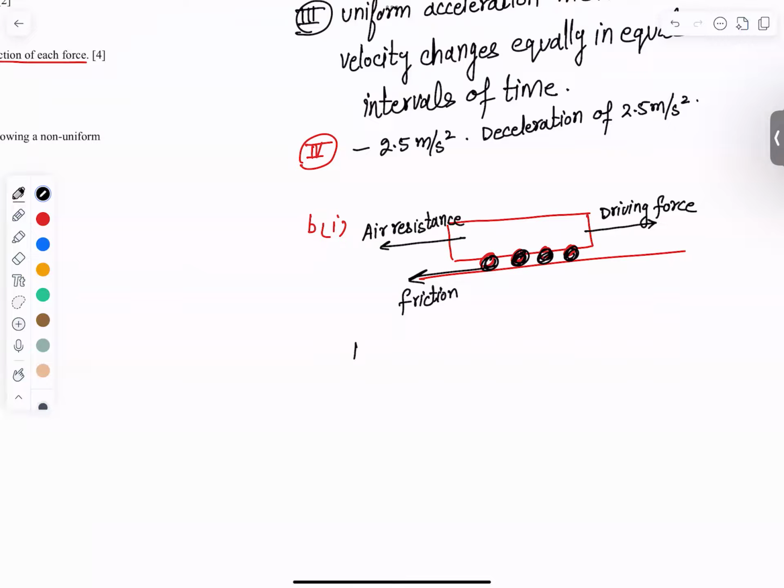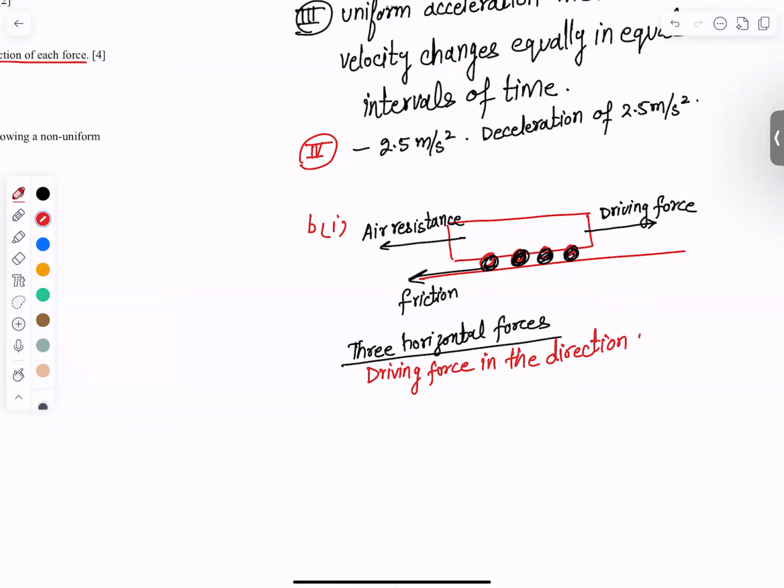We have three horizontal forces, and they are driving force in the direction of motion.